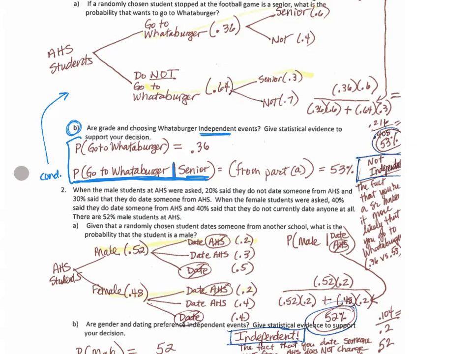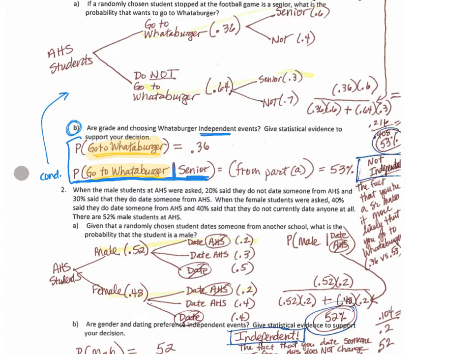And because this is the conditional probability, the one that goes with it for marginal is supposed to have the same first event. So since this says go to Whataburger first, then the other one should be go to Whataburger overall.